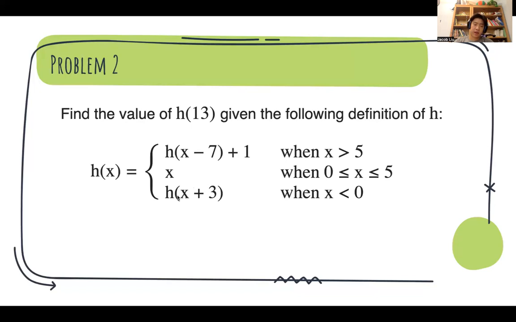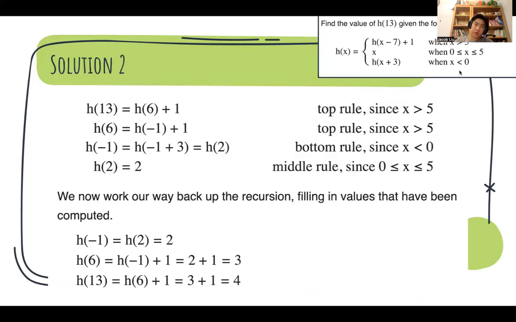And h of x is equal to h of x plus 3 when x is less than 0. So I put this problem up here so you can see it. But yeah, let's start the solution.